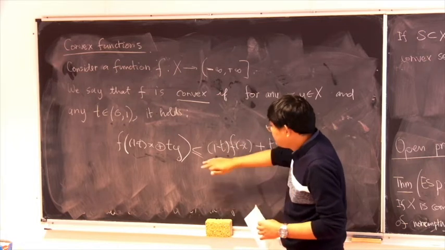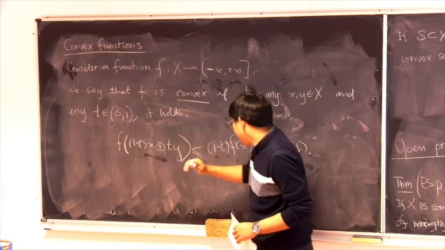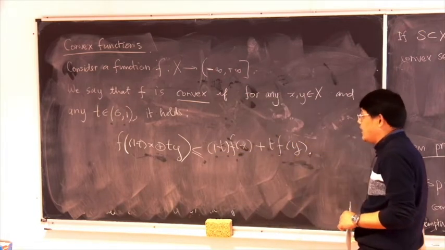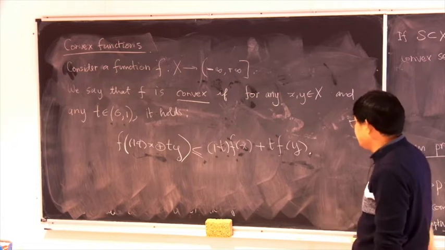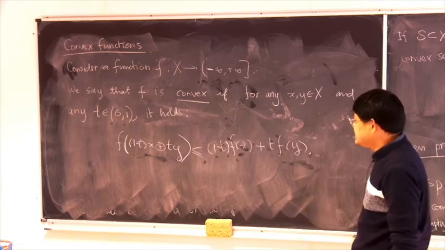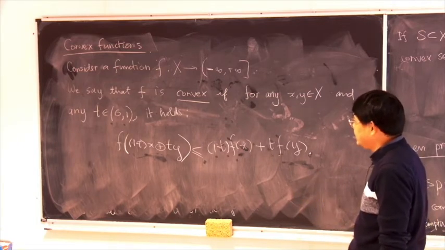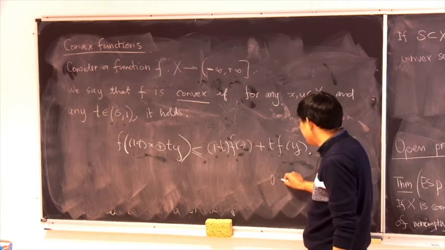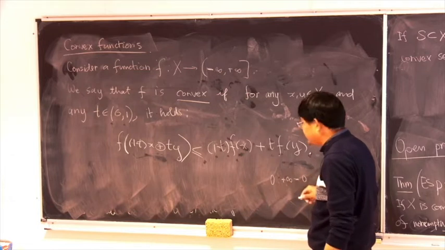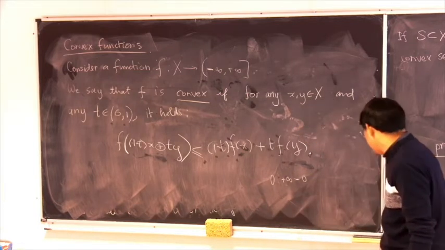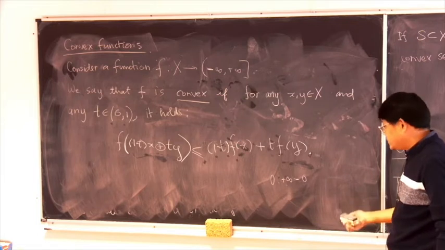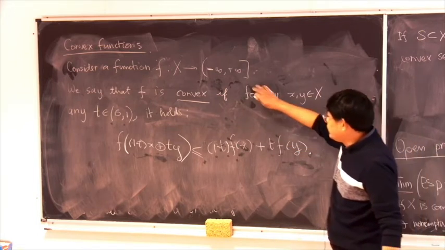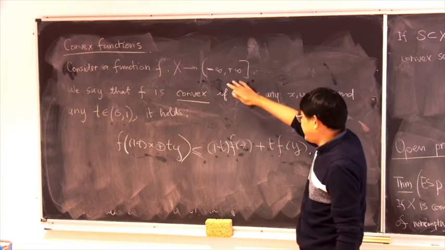How about when t equals 1? This reduces to y. This disappears, and this is f(y). So f(y) is less than or equals to f(y). Not so interesting. But there is one more reason that I exclude them. It's because I don't like to make a convention like 0 times plus infinity is 0 and so on. Notice that we include plus infinity in the value of f.